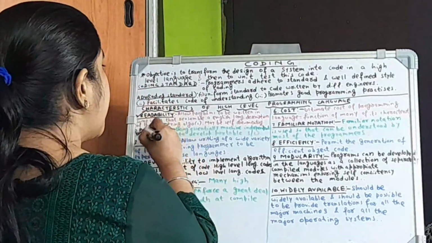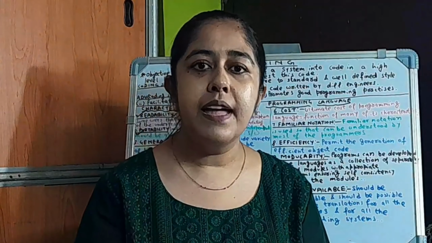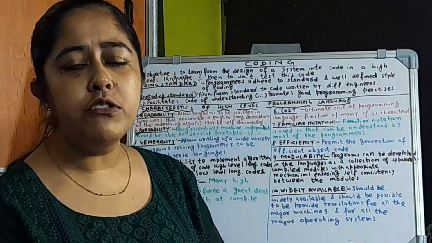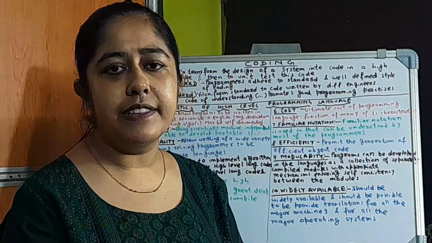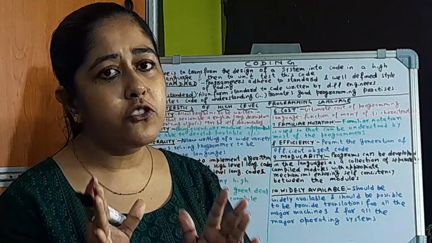It should be very much portable. Whatever software I am making with this code, I should see that my software is portable and machine independent. Any machine you choose, your code and your software will easily run there. So the main characteristic of your software should be that it is portable.